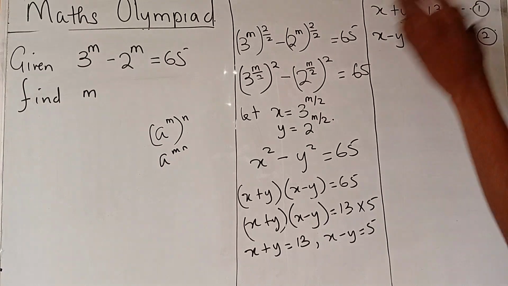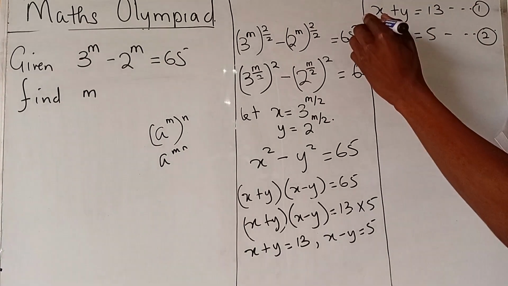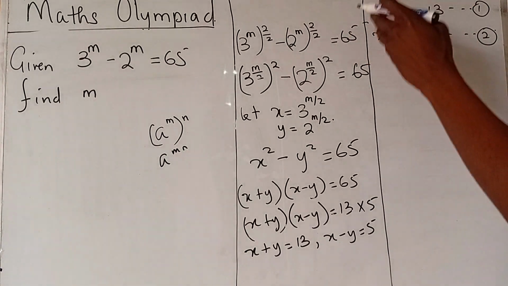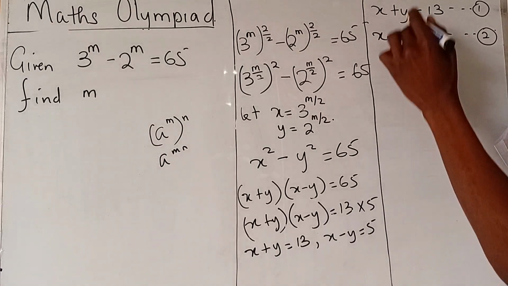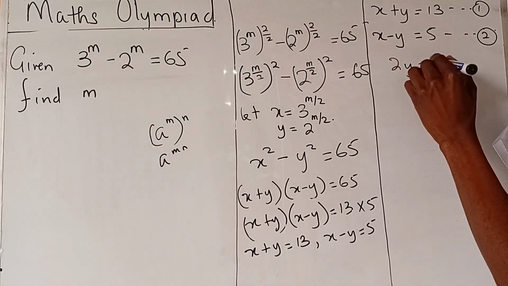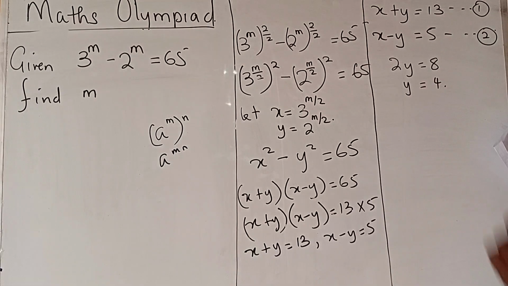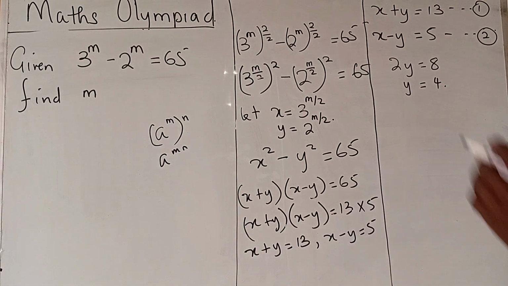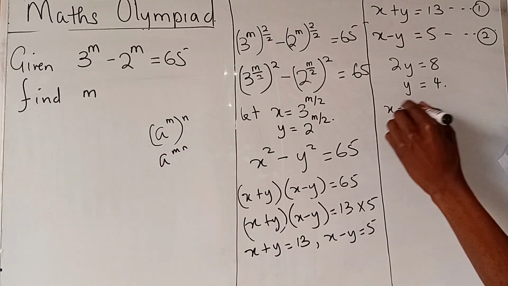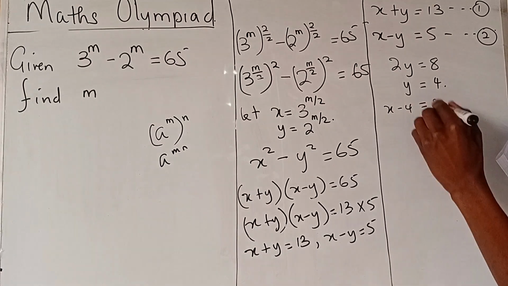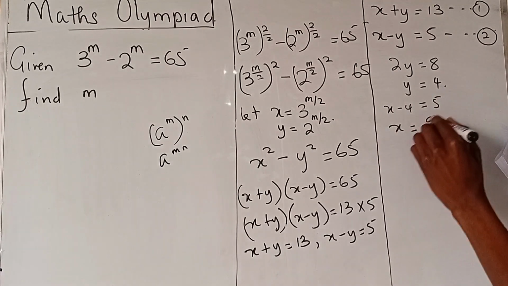We can just see that we can subtract these two equations. So if we subtract, we eliminate x and we have 2y is equals to 8, meaning that y is equals to 4. Then if y is equals to 4, it means that x minus 4 is equals to 5, meaning that x is equals to 9.